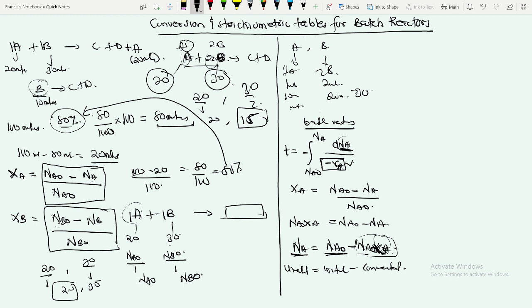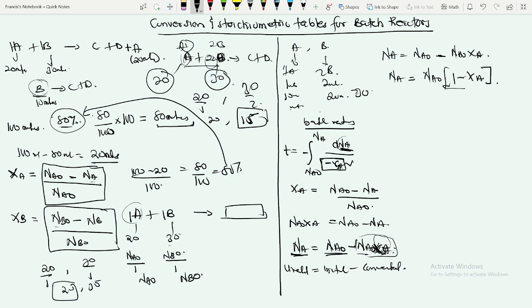And this is the conversion. So we realize that our NA is equal to NA naught minus NA naught XA. We can factorize NA naught out, and then we'll be left with NA naught times 1 minus XA.